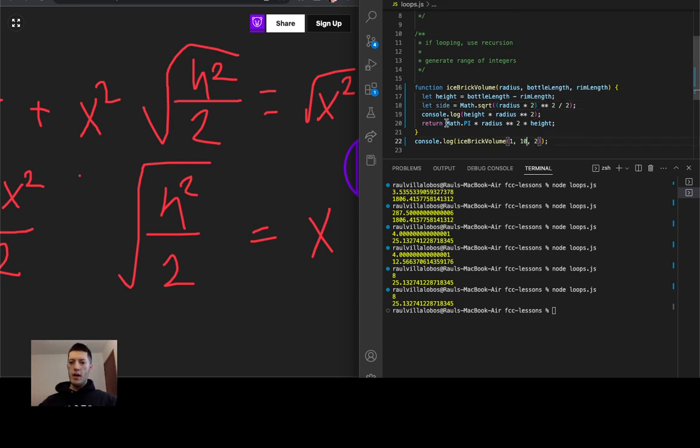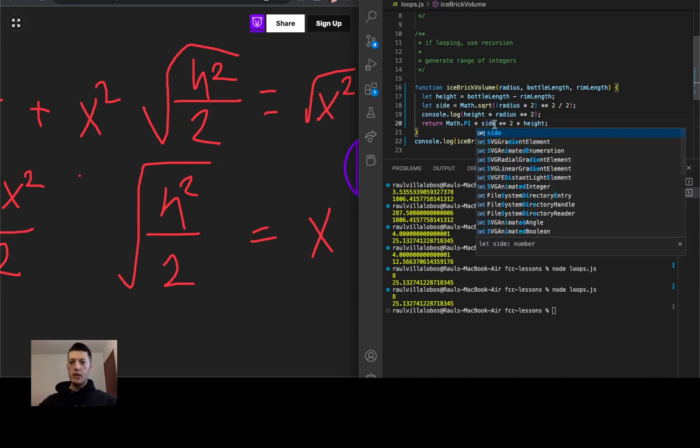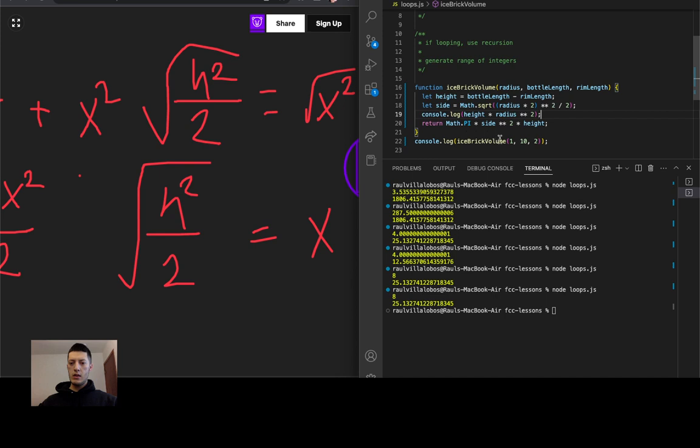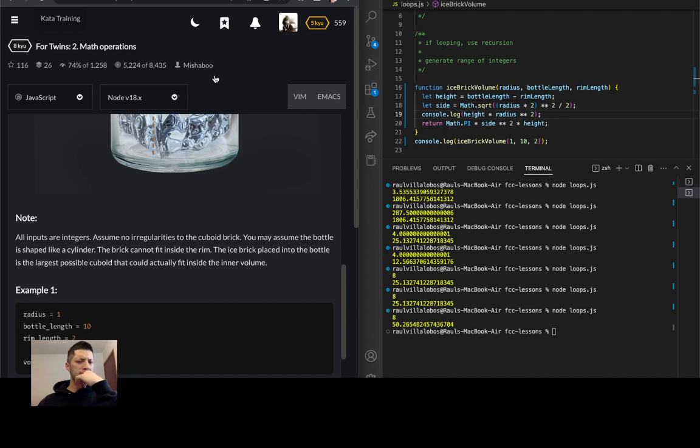And now it's side squared, and that should be 16. And now it's 50.